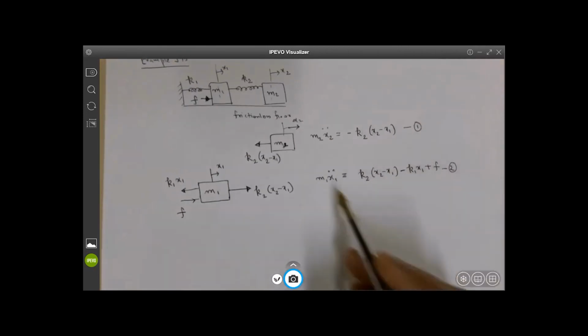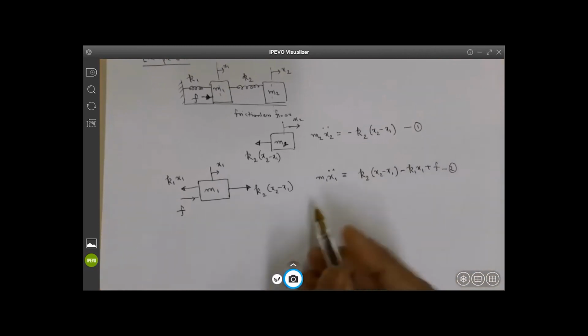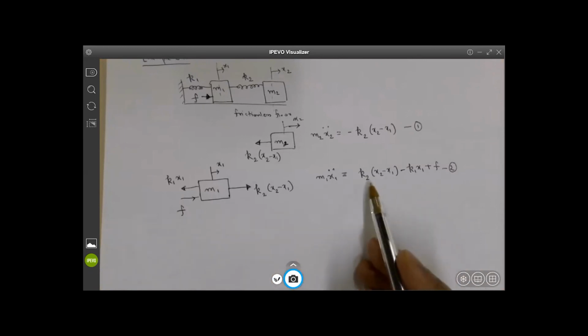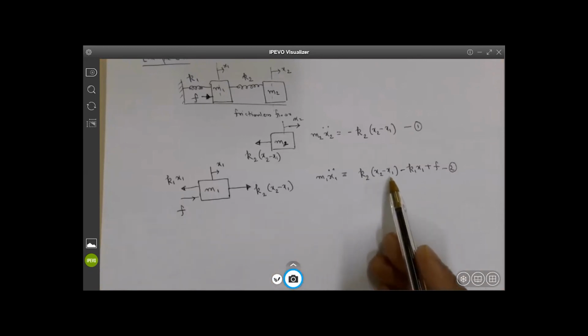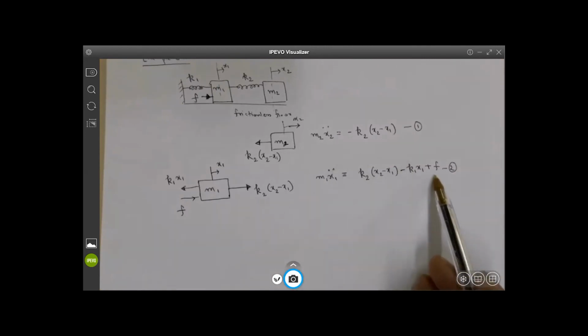If I rearrange these equations in matrix form, I put all the x1 and x2 unknown displacements on the left hand side. The right hand side will be the force vector.